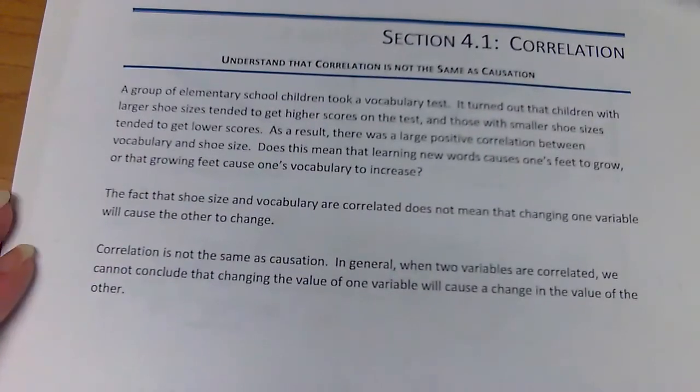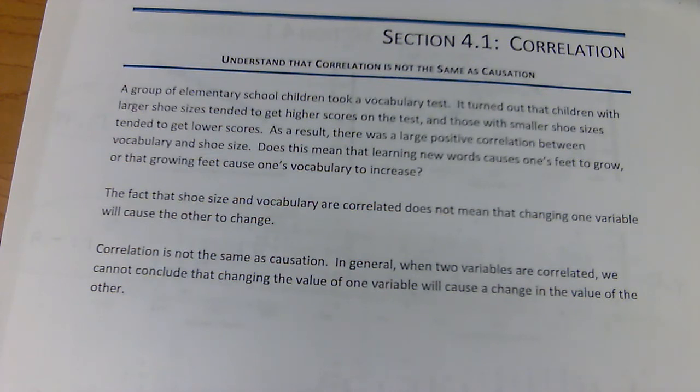Now be careful about talking about correlation and talking about causation. A group of elementary school children took a vocabulary test. It turned out that children with larger shoe sizes tend to get higher scores, and smaller shoe sizes got lower scores. As a result, there was a large positive correlation between vocabulary and shoe size.